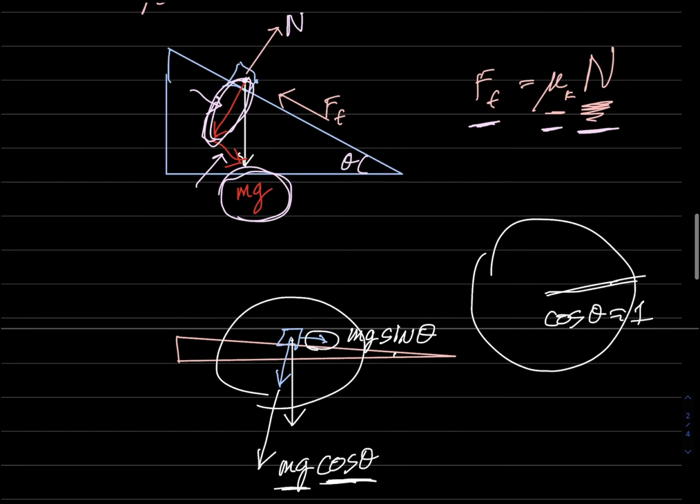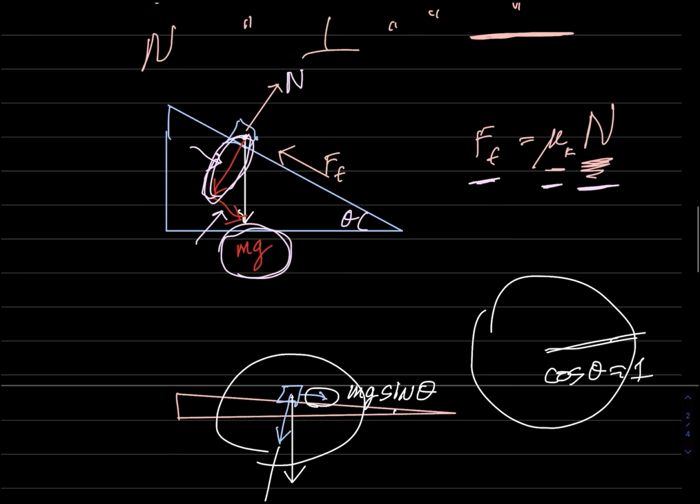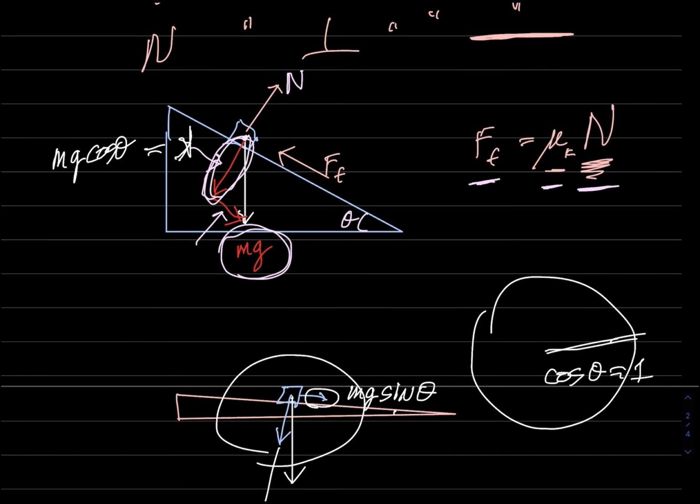So when we have a bigger angle, we don't get confused. This component that's perpendicular to the surface is mg cosine theta, and thus the normal force is mg cosine theta. And gravity will have a component parallel to the surface that is mg sine theta.